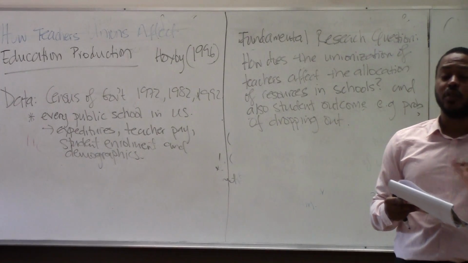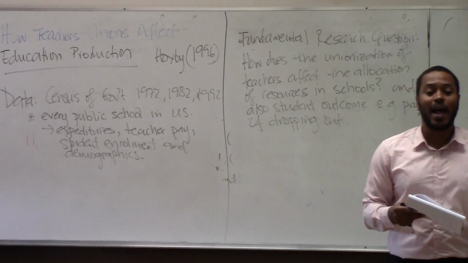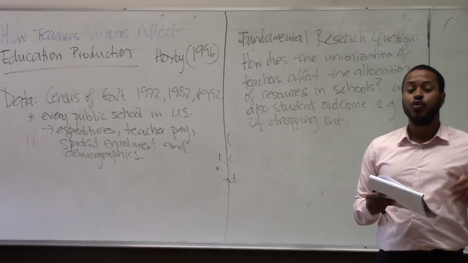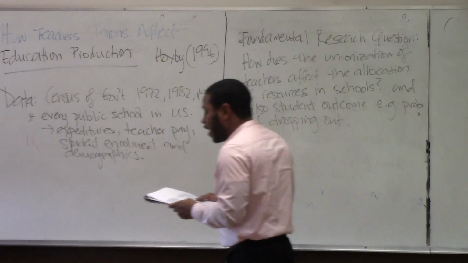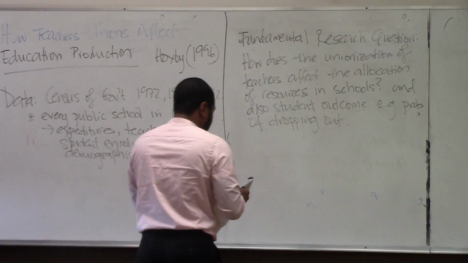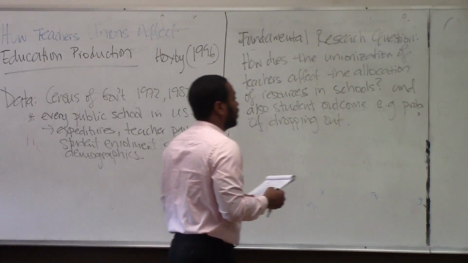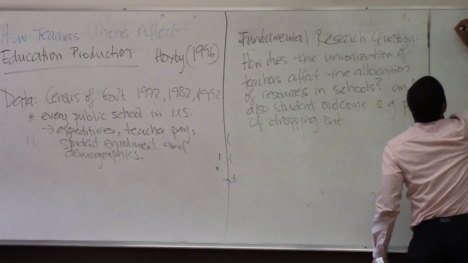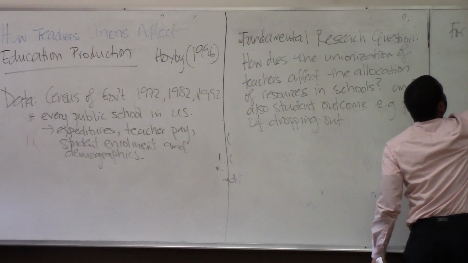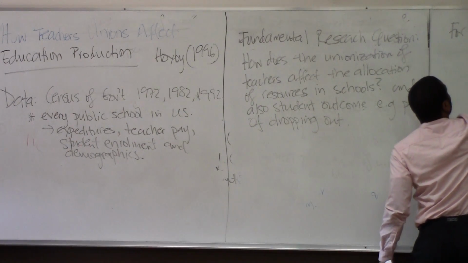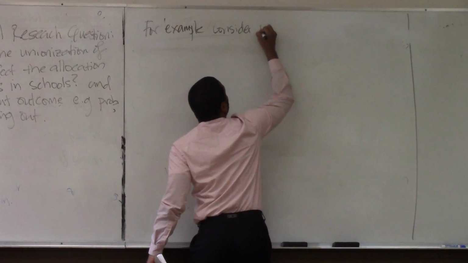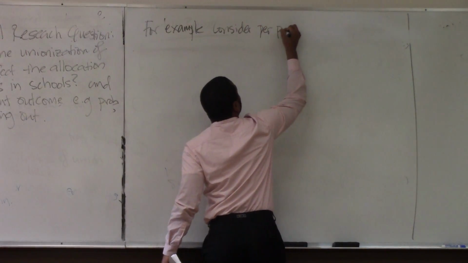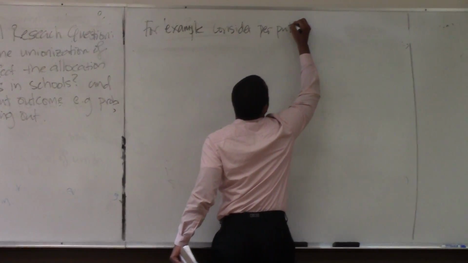And so what's going to happen in this paper is we're going to look at what happens as schools unionize to the mix of inputs that are going to be used. Now, for illustrative purposes, let's focus on per pupil spending as one of our outputs.